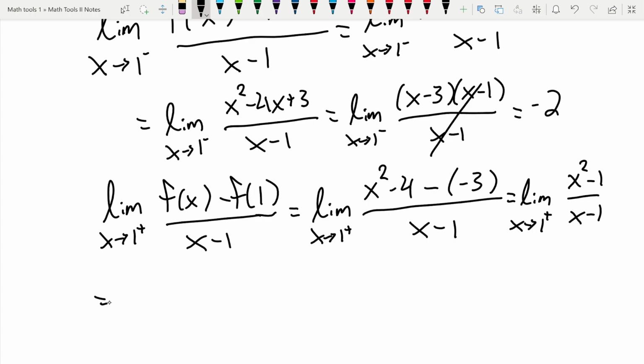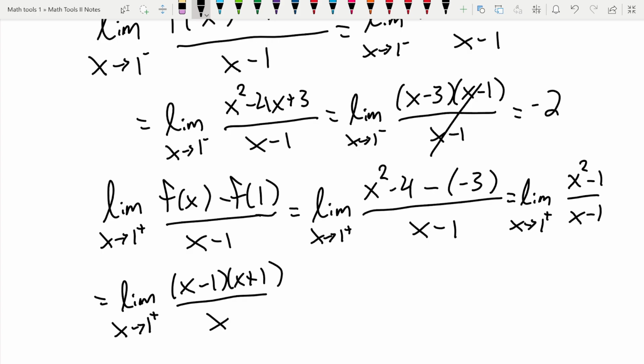Okay. So here we'll definitely get 0 over 0. And then we can easily factor that with the difference of squares formula, over x minus 1. So we get that the limit is equal to 2. Let me just make sure nothing went wrong here, that we didn't miss a sign somewhere. It doesn't look like it.